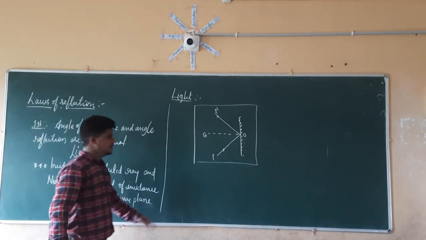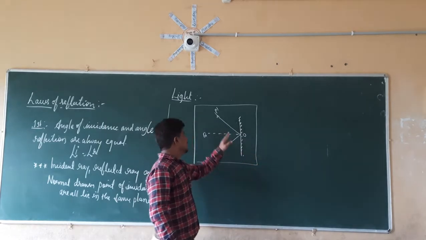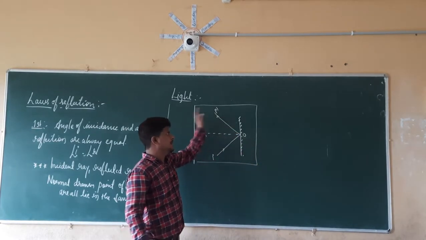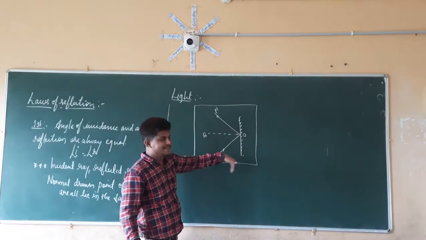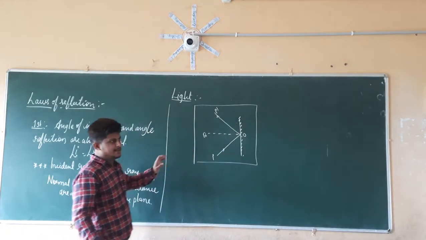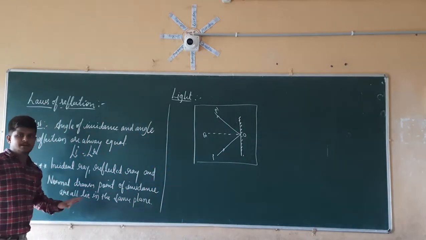So if you check here, this incident ray PO, this reflected ray OP dash and OQ are all lying in the same plane. So this is the second law of reflection.